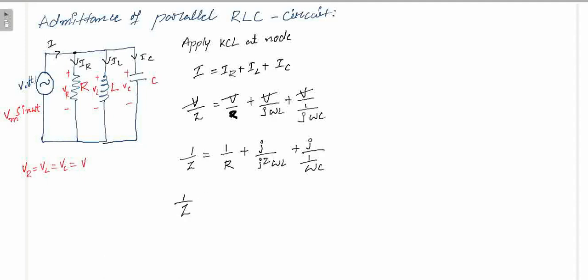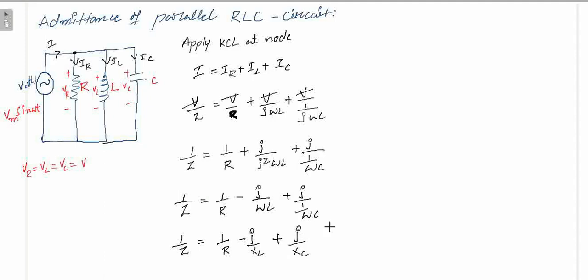So 1 by Z is equal to 1 by R minus j by omega L plus j by 1 by omega C, where omega L is nothing but your XL. So we can write 1 by R minus j into 1 by XL plus j by 1 by omega C, which is XC.